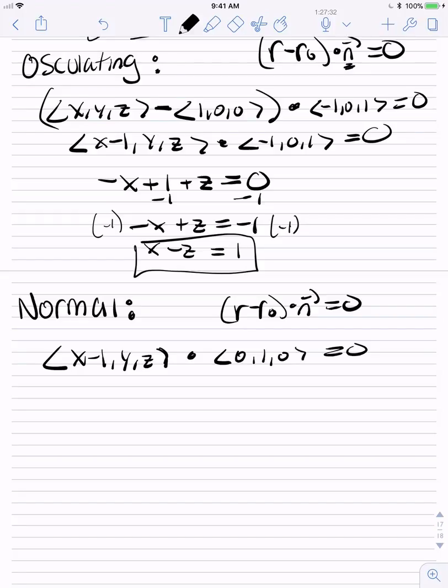There's going to be no x, there's going to be a y dotted with 1, so that's just a y, there's no z, and that's equal to 0. So we get y equals 0, and that will be the equation of our normal plane.